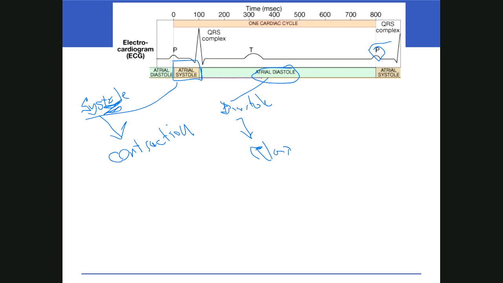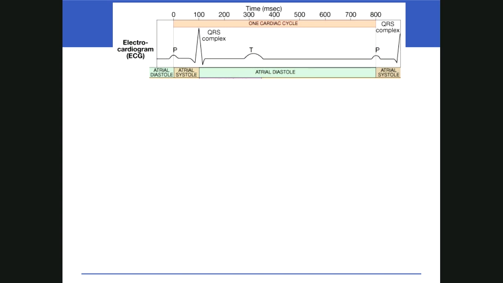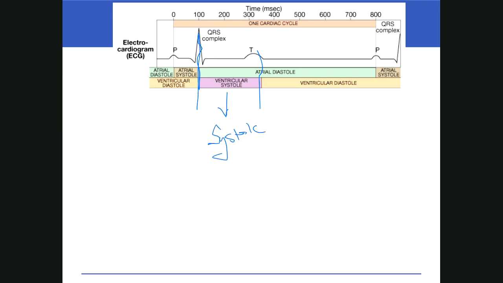Well, remember, at the same time the atria are going to relax, the ventricles are going to contract. So look, if we come down, here's where ventricular systole starts, right there. And then there's where it ends. So that's where the ventricles are going to contract. They're going to go into systole. As soon as we get to the T wave, though, they're going to go into diastole.